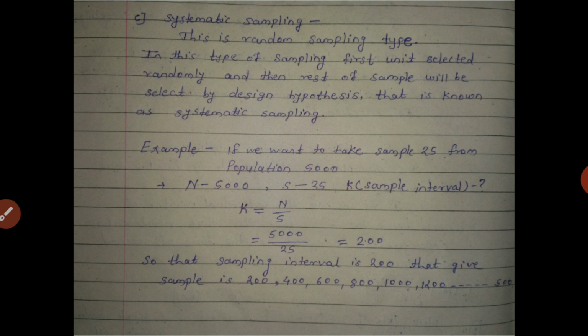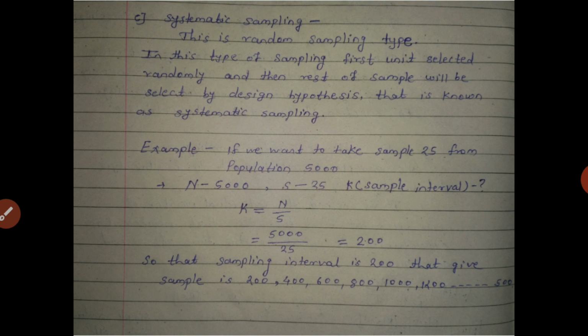Suppose we want to take a sample of 25 from a population of 5000. Let's see how we can select the 25 samples from this population.